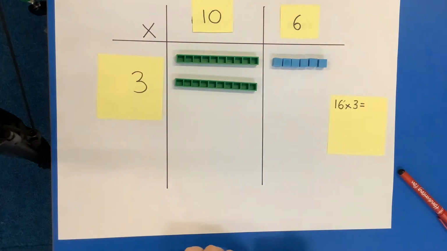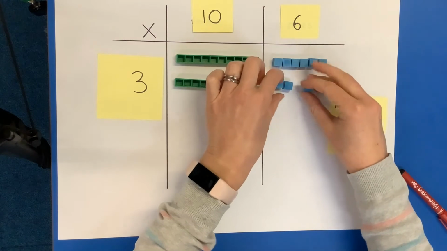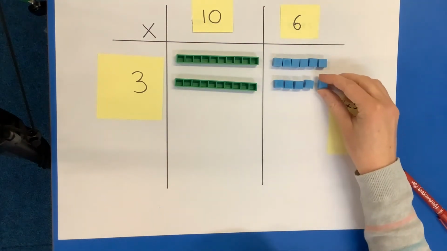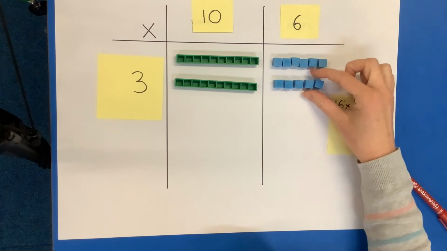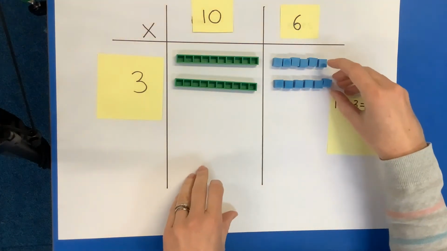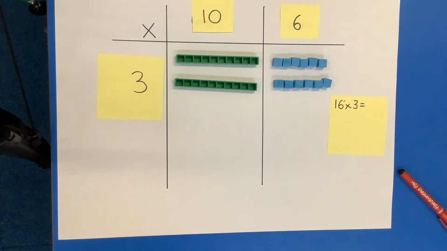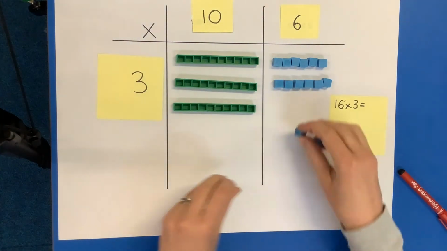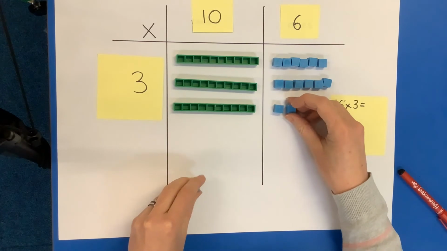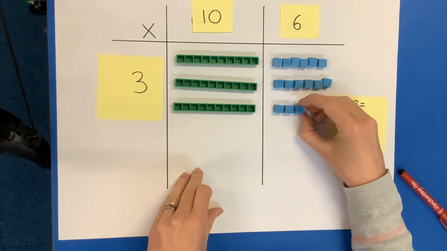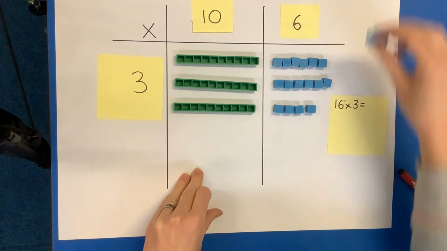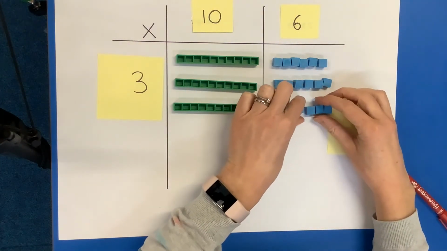Here's group number 2. Oops, 1, 2, 3, 4, 5, 6. Okay, I'm getting there. I need one more group. So now I've got my 3 groups. Just need a few more ones to make it perfect. 2 more ones. Brilliant. Okay.